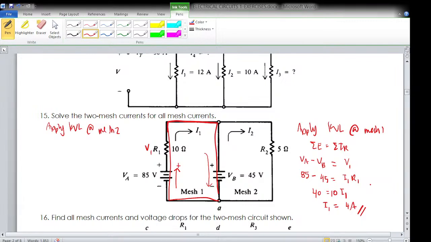So, we already solved the mesh current at mesh 1. Now, how are you going to solve for mesh 2, or the current 2? We will apply KVL to mesh 2, of course. Okay, now we focus on mesh 2.